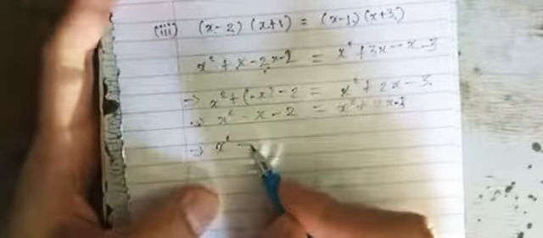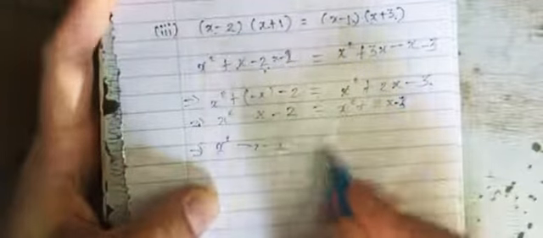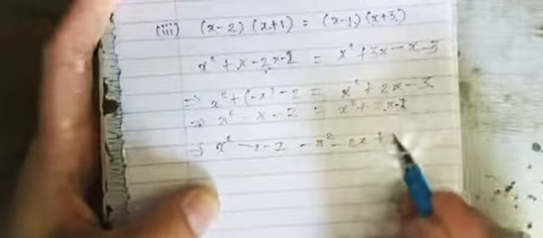Okay, now bringing all these terms from the right-hand side to the left-hand side, it will become x square minus x minus 2, then minus x square minus 2x plus 3 equal to 0. x square and x square will cancel out.